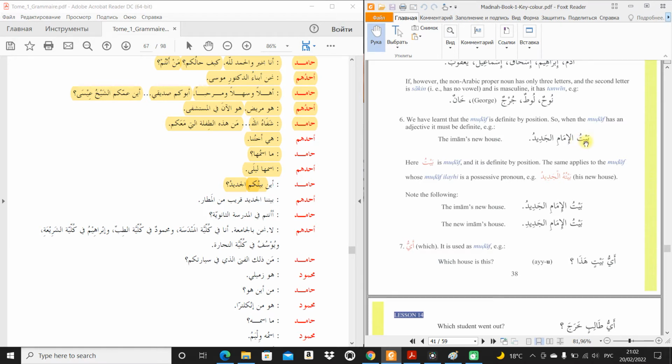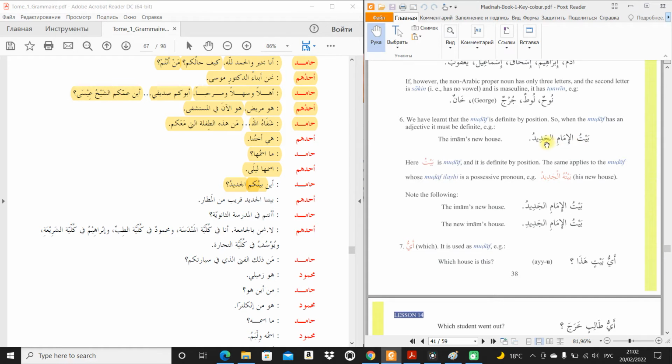Therefore, by default it is definite. And since it's mudaf, it doesn't take alif lam and tanween, but it's definite, and therefore its adjective is supposed to be also definite because it describes it.